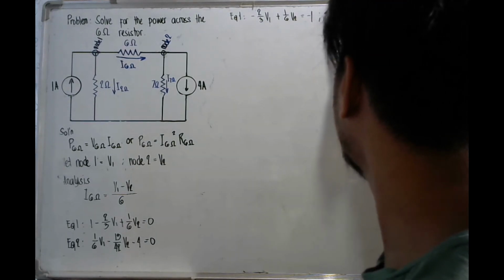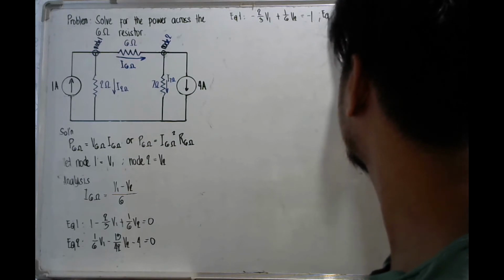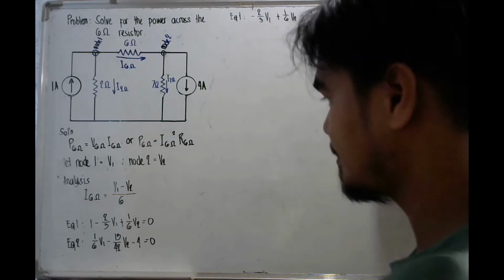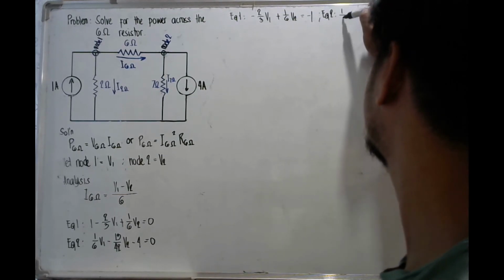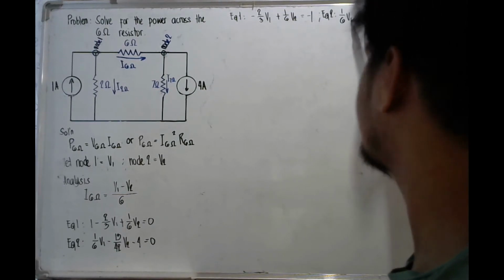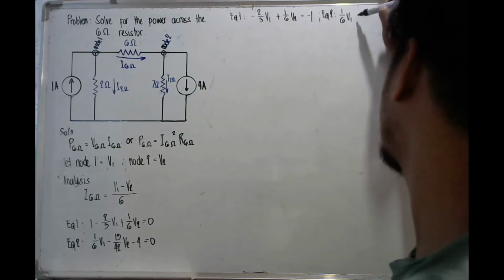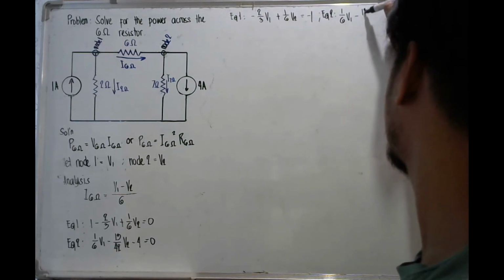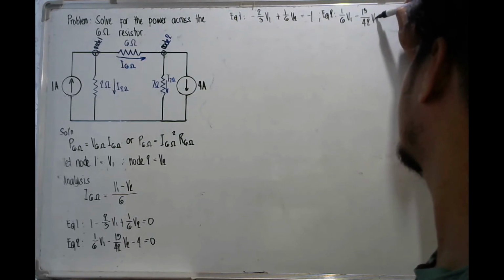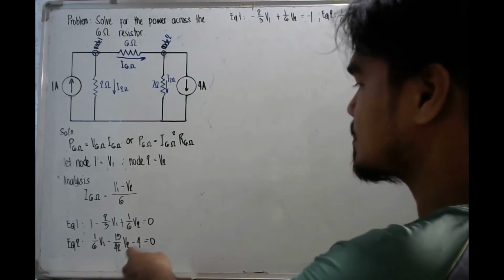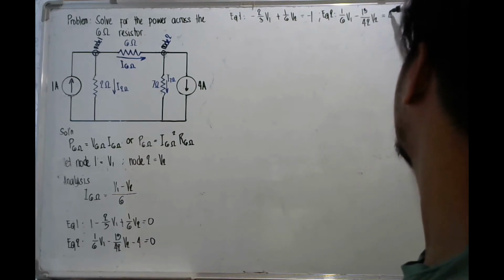And for your equation 2, you have 1/6 V1 minus 13 over 42 V2 is equal to, transposing to the other side, positive 4.